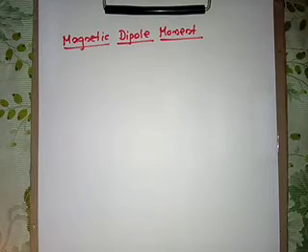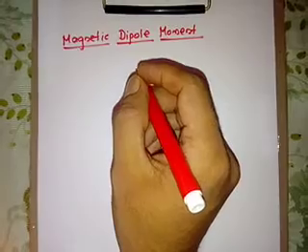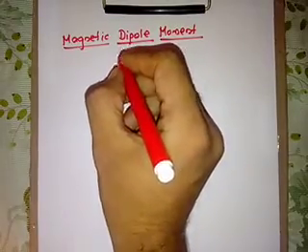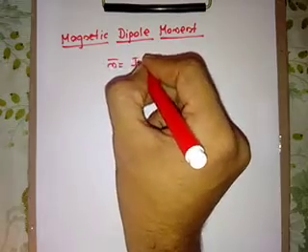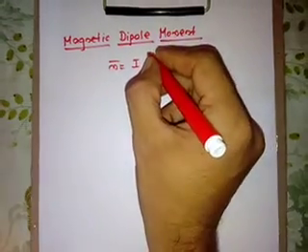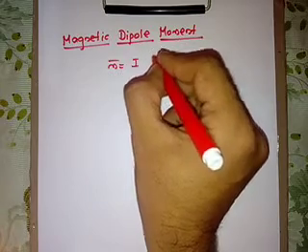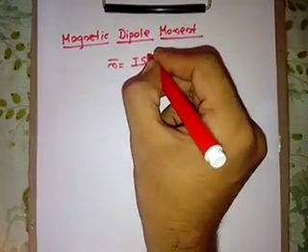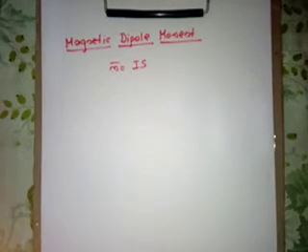So it is m bar is equal to the current flowing through the loop multiplied by the area of the loop, I into S. Okay, area of the loop directed normal to the current loop.